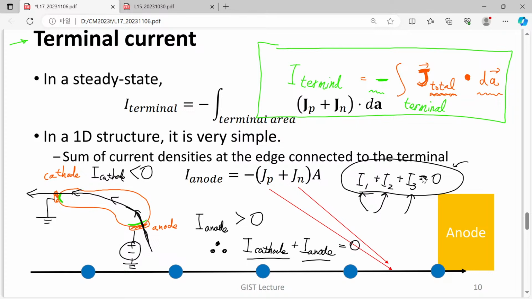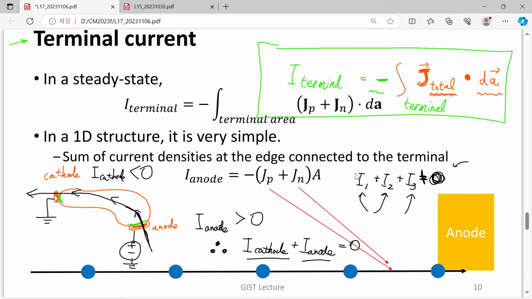If we have severe disobedience of this equality, then it strongly suggests that something is wrong in our implementation. This current conservation should be valid in every case. Really every case you consider, you must have the current conservation. If you don't have this condition, then something is wrong.